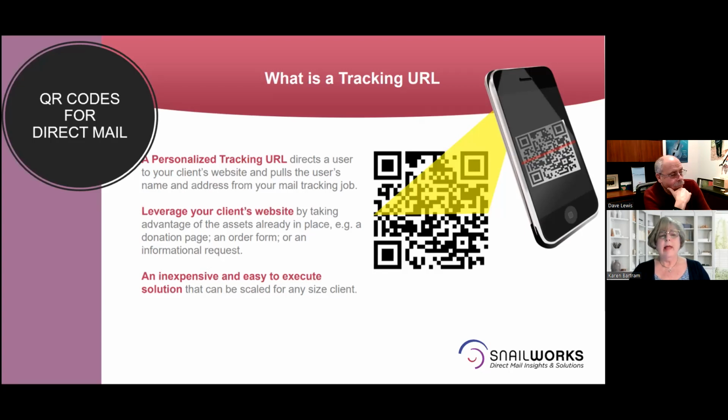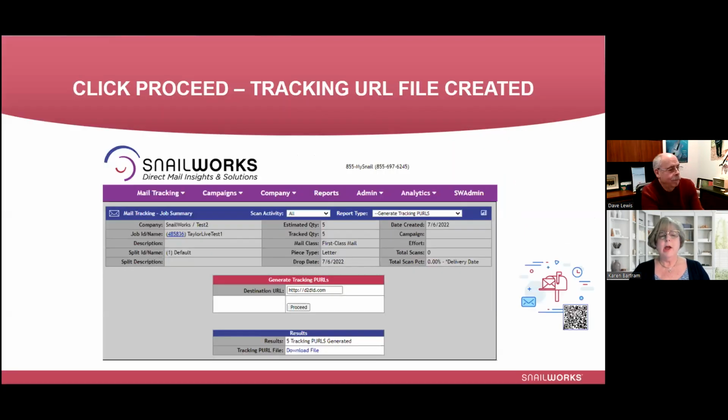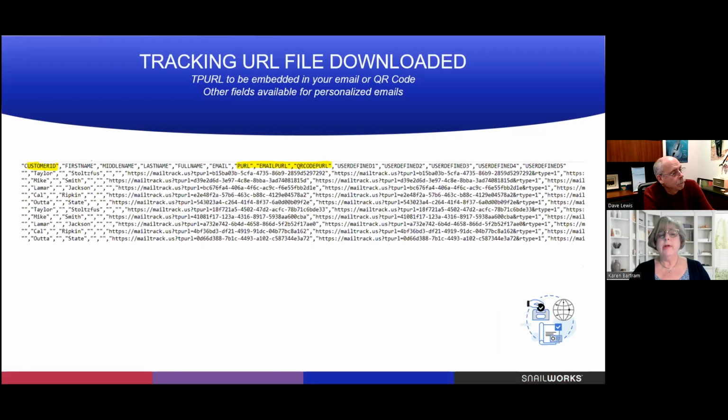And the next slide shows us a little bit about how to go about that. You upload your mail tracking file just like you do today. Then you log into SnailWorks, you navigate to your tracking job, and I'll show you this when we go online. You then just enter your targeted URL that you want to be used in building the pearls, click proceed, and then you get a link that allows you to download the same file that you shared with us, but with the tracking pearls appended.